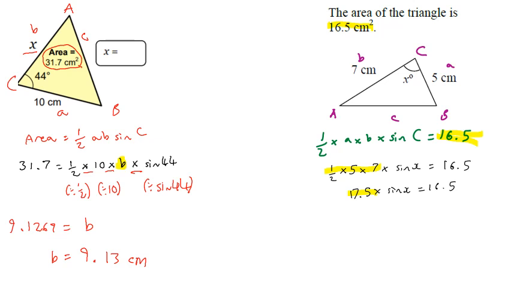So I've got 17.5 times sine x, or sine x times 17.5. So now, if we divide by 17.5, we get this. And this is what sine x equals. Remembering you want to get just to x equals, so if we've got sine x, we do the inverse of sine, which is written as sine minus 1. We input that into our calculators and we get a final answer of 70.5 degrees.